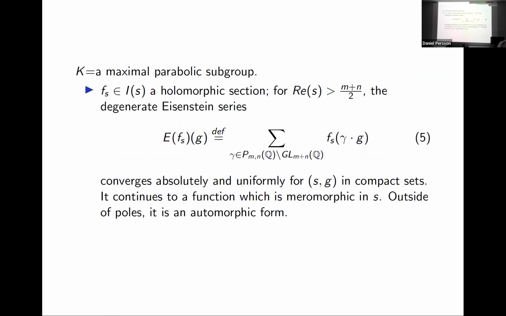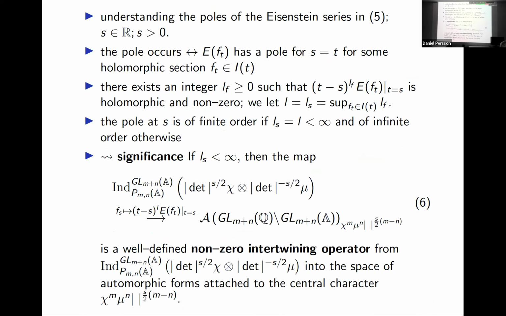And we want to analyze where these Eisenstein series have poles and what the images are, and so on. Okay, so we recall what it means for a pole at a certain s to be of finite order. Of course, you plot certain f's, and if the supremum of this function is finite, then we have a finite pole.